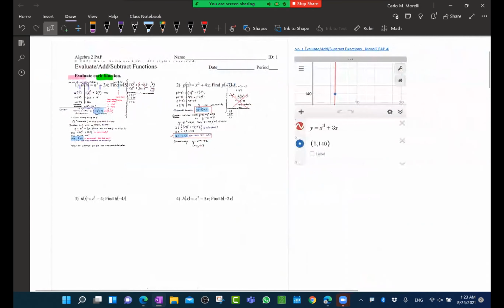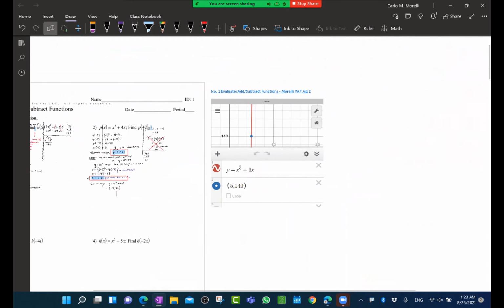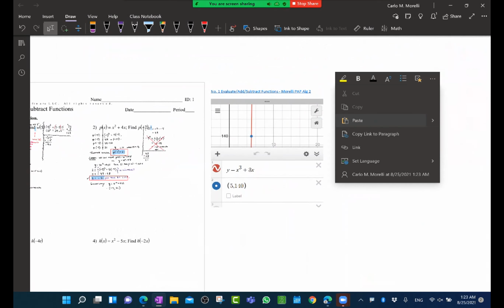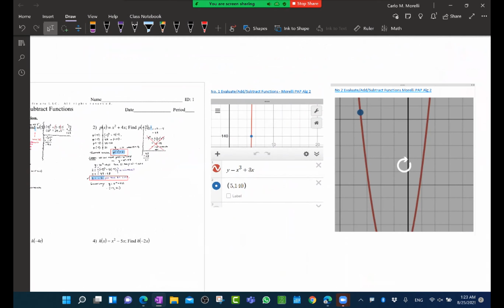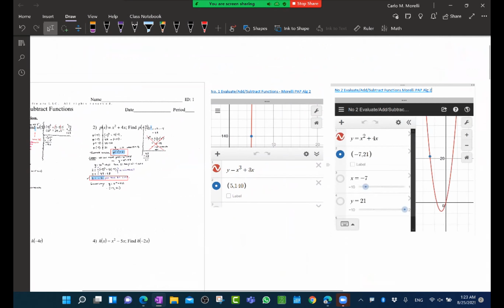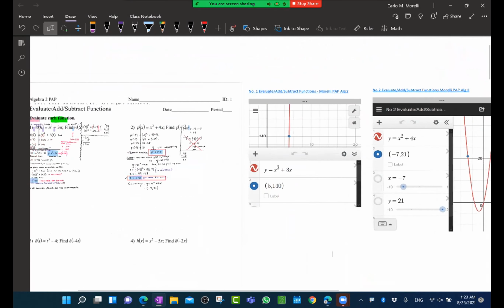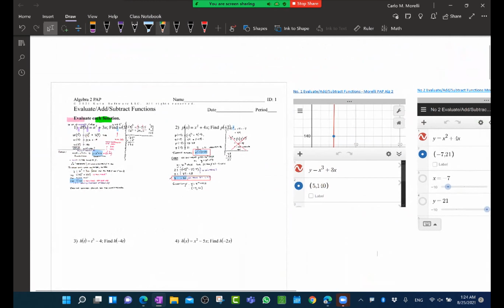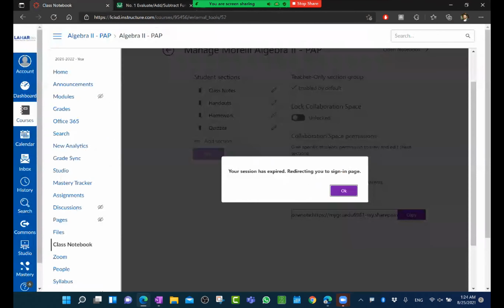Okay, go back here, and I'll stick this one over here. Paste. Okay. When you reload this, you'll be able to see the graph. All right. And that'll be in that shared OneDrive or class notebook.